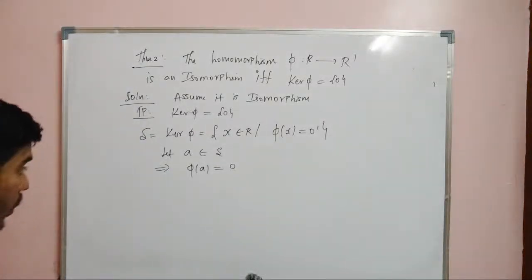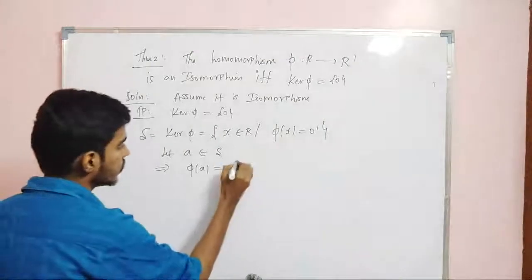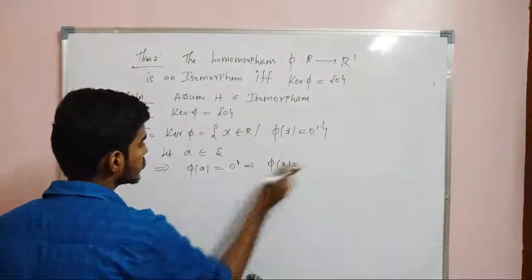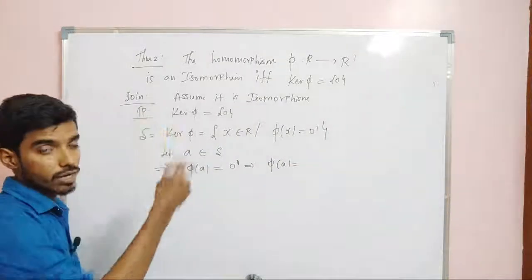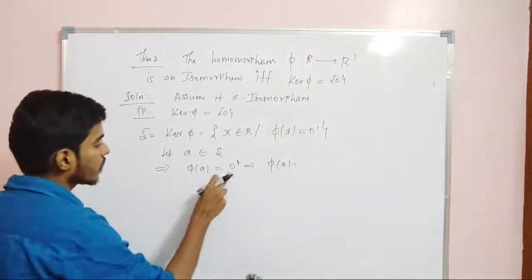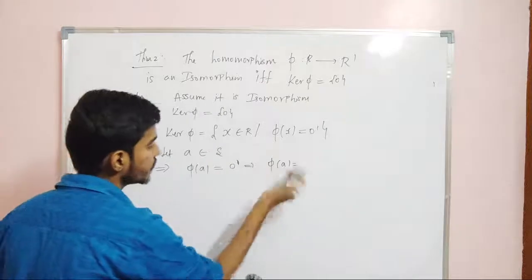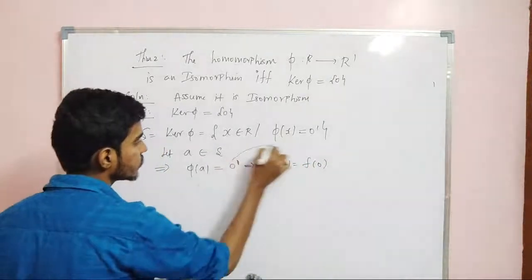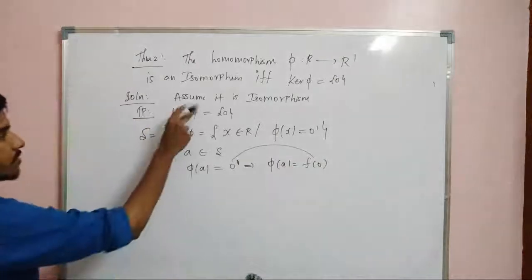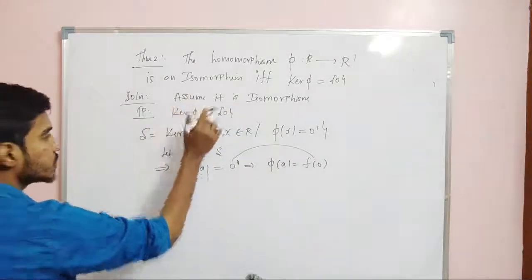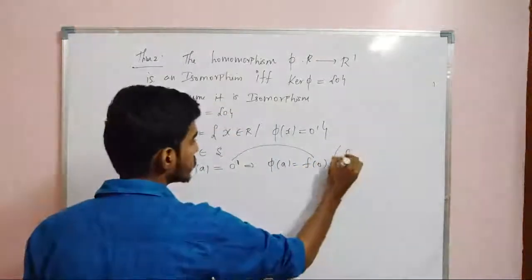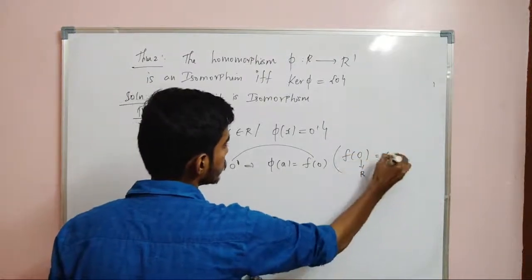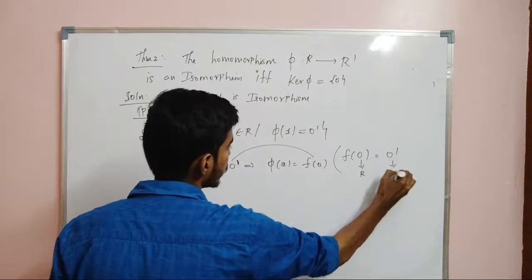Now 0 dash is the identity element of R dash, and what will be the pre-image of 0 dash? This is f of 0, right? I can write 0 dash as f of 0, because the assumption is isomorphism. So for an isomorphism, 0 is the identity of R, then the image will be 0 dash, which is the identity of R dash.